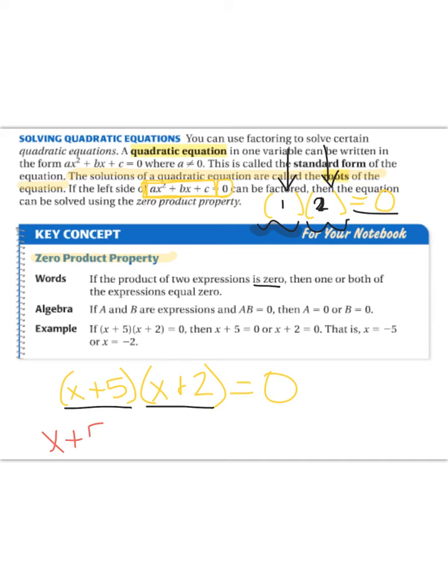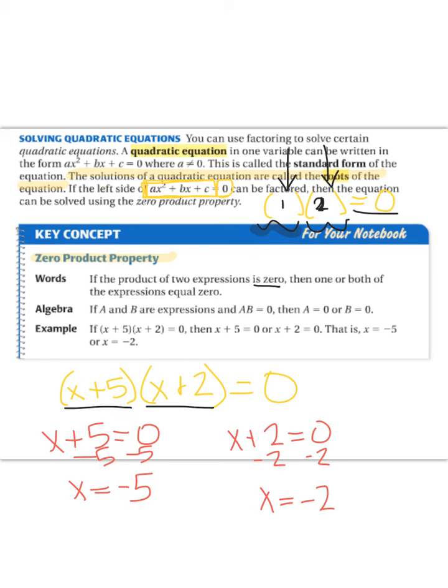So if x plus 5 is going to be 0, then x needs to be negative 5. But if x plus 2 is going to be 0, then x is going to be negative 2. So I've just found my roots. Either x equals negative 5 or x equals negative 2.